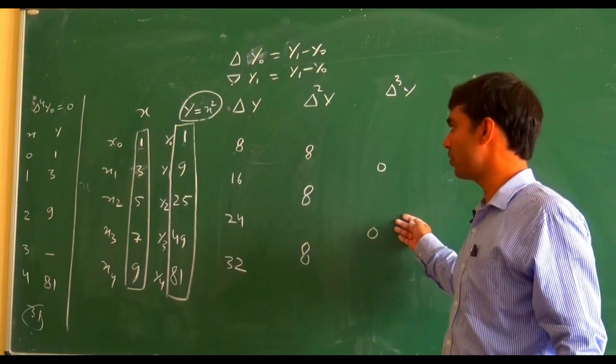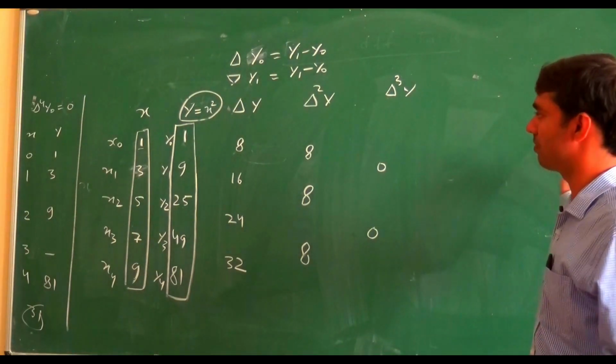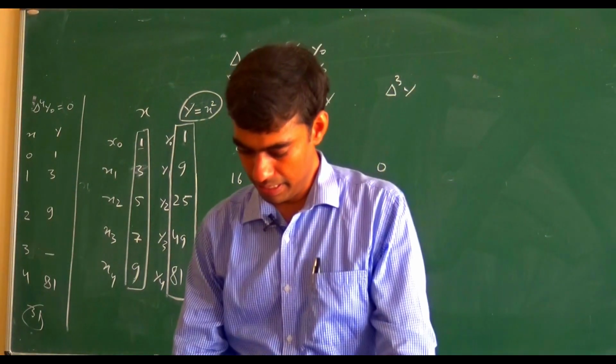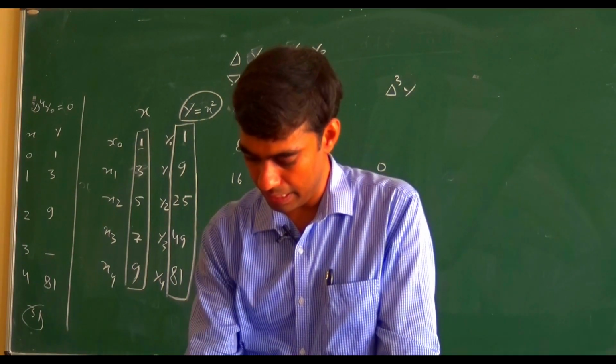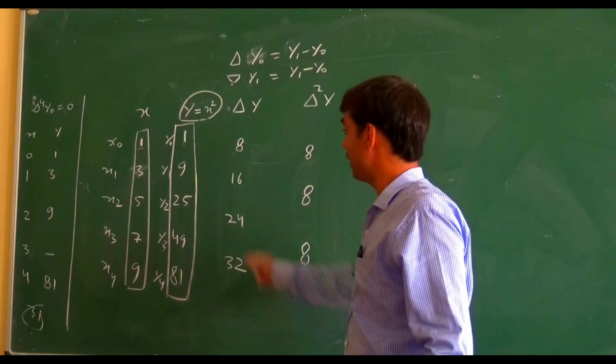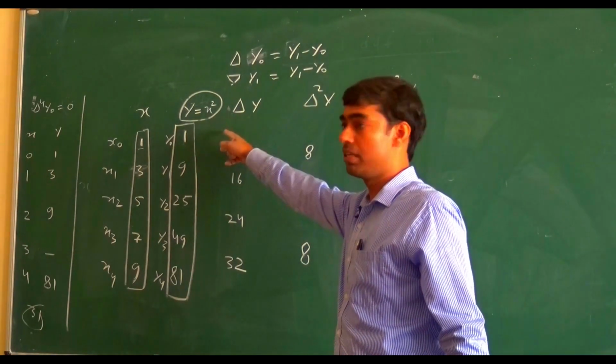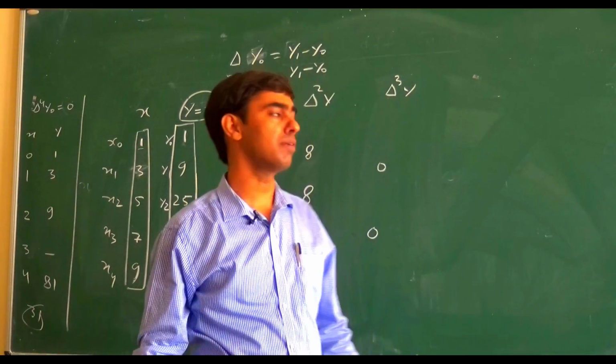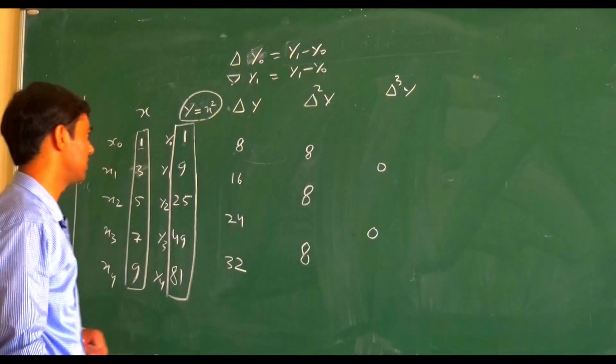The third difference becomes constant and fourth onward differences become 0. And if we have an nth degree polynomial, then the nth difference becomes constant and the n plus 1 difference and so on become 0.